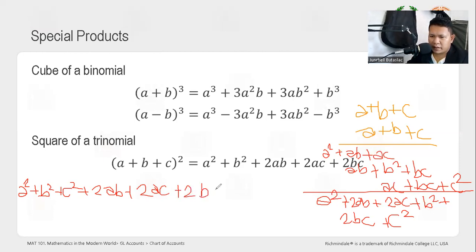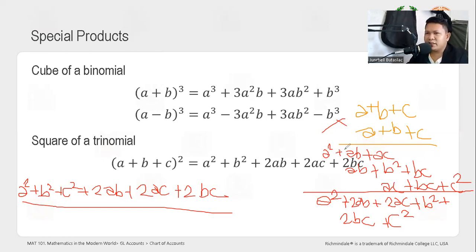And then we have this final answer. I think I missed copying the c squared here, but c squared is actually there, because c times c, the answer is c squared. This is multiplication.